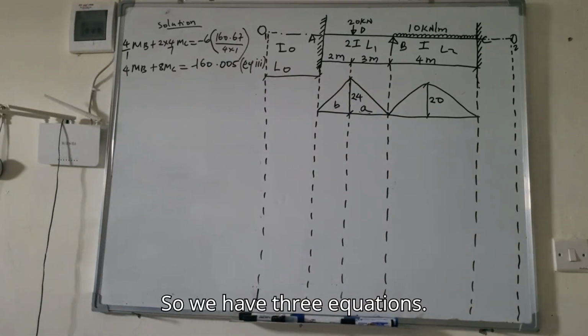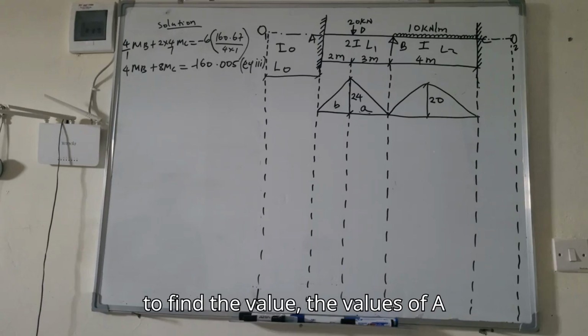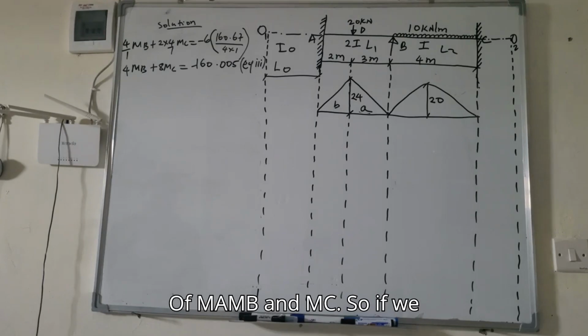So we have 3 equations. For this one, use a scientific calculator to find the values of MA, MB, and MC.